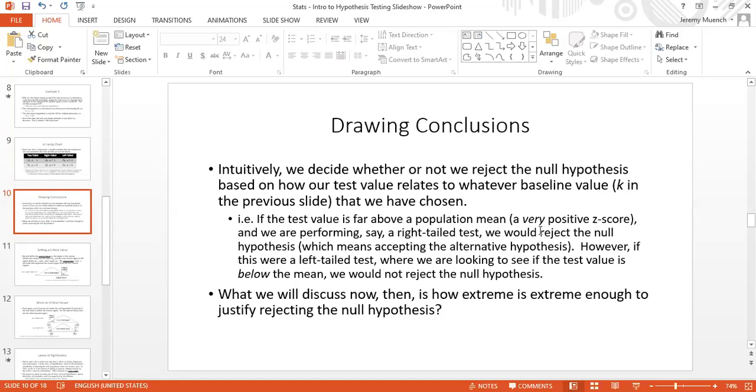If a test value is far above a population mean and we're performing a right-tailed test, we reject the null hypothesis, which does mean taking on the alternative hypothesis. That is reasonable. If it's not null, that only leaves alternative. So generally when we draw conclusions, we'll say we find evidence in support of the alternative hypothesis. That is a reasonable conclusion to draw.